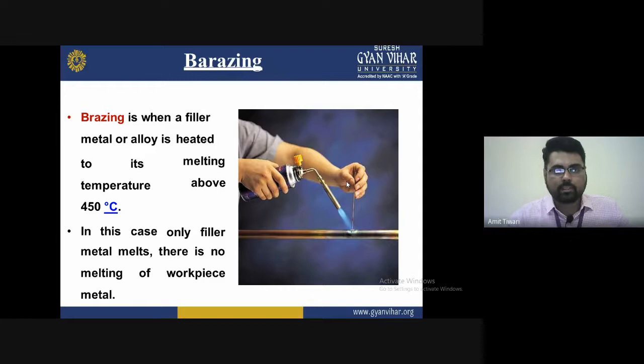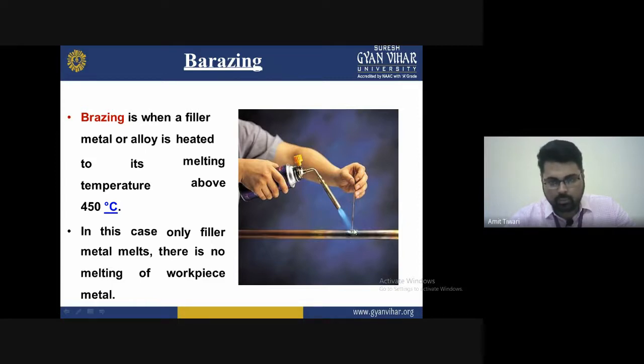You can see in this diagram a filler metal or alloy being heated, and after heating the filler metal melts and fills the area where you want to weld, the cut section here.